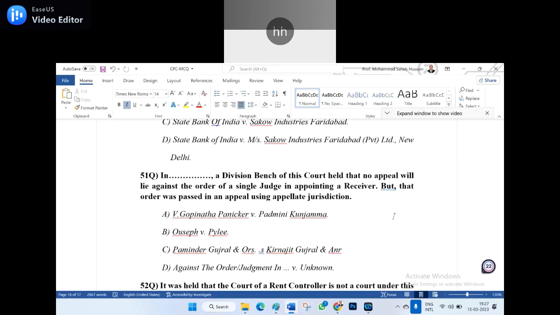B. Osef versus Paili. C. Paminder Gujral and others versus Kiranjit Gujral and others. D. Against the order of the judgment in versus unknown. Which is the right answer for the 51st question and where it is decided among A, B, C, D?